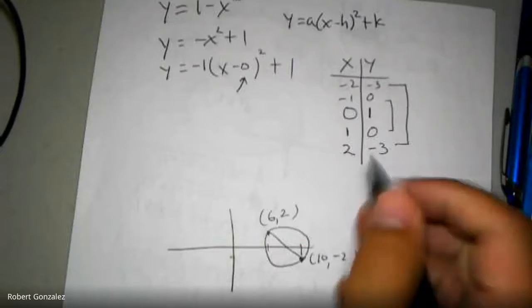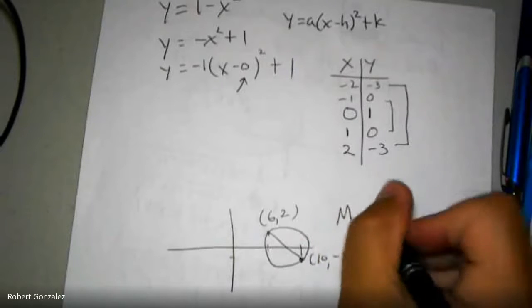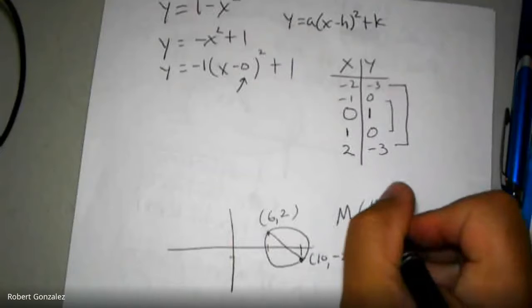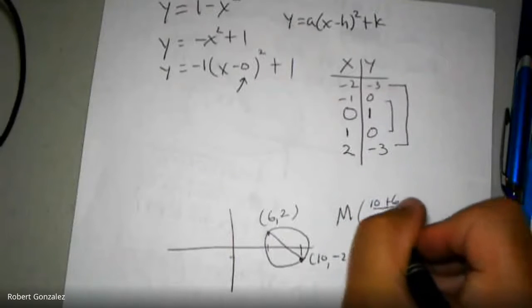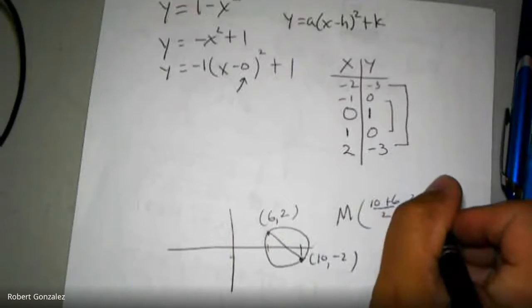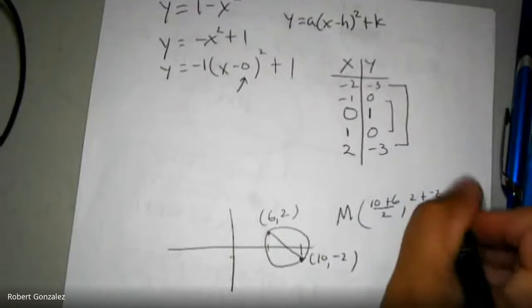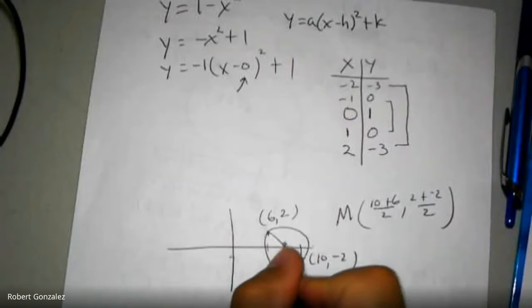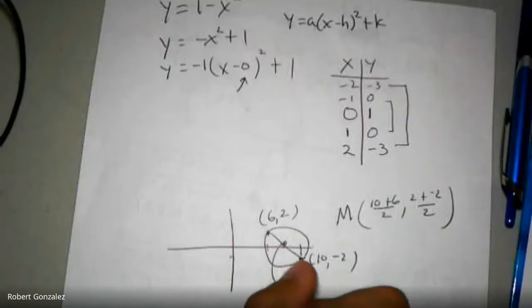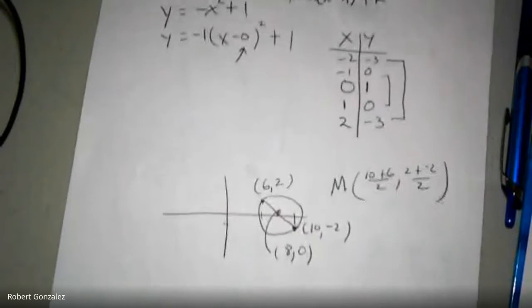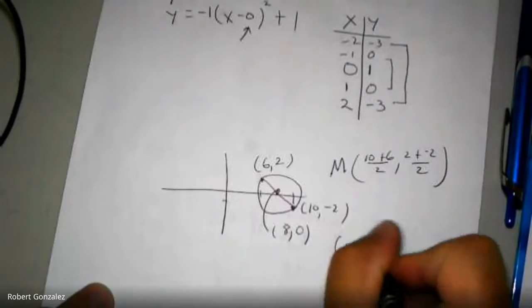Okay. So the midpoint is going to be (10 plus 6) over 2, (2 plus negative 2) over 2. That makes the center (8, 0). So I have this part of my equation so far.